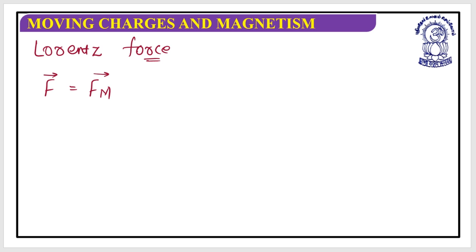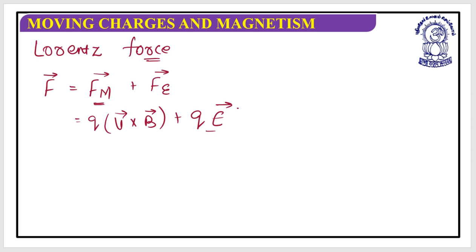Because it is for the magnetic field as well as the electric field. If a charged particle is moving alone in the magnetic field, the force is q into v cross B. If a charged particle is in the electric field, it's qE. Sorry, it is at rest.